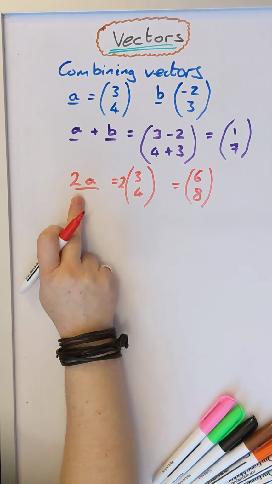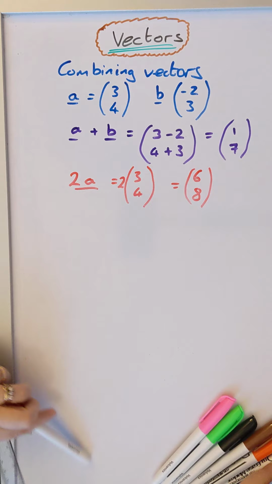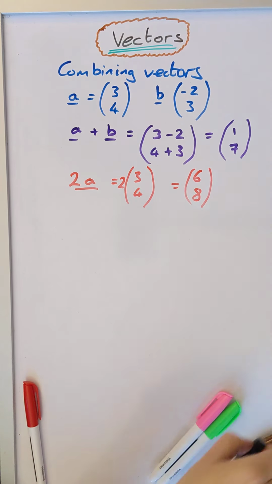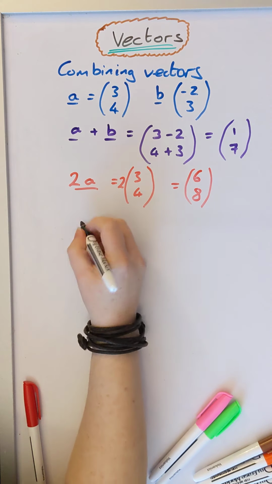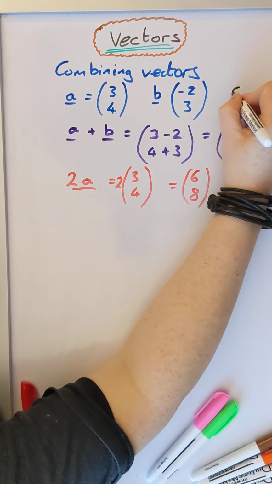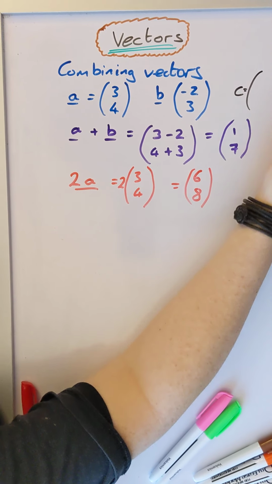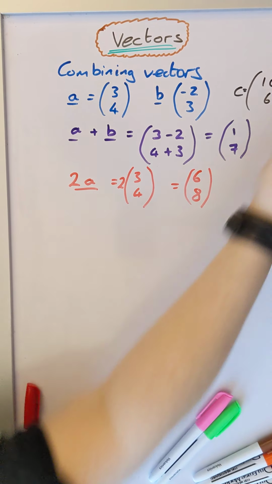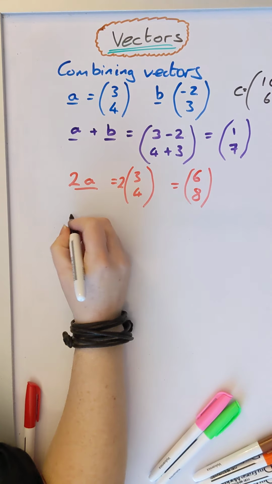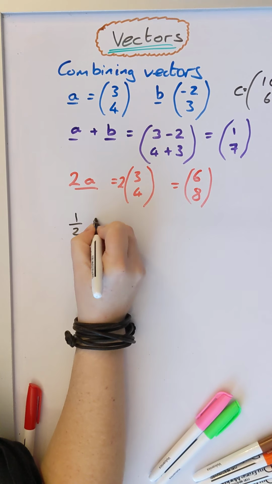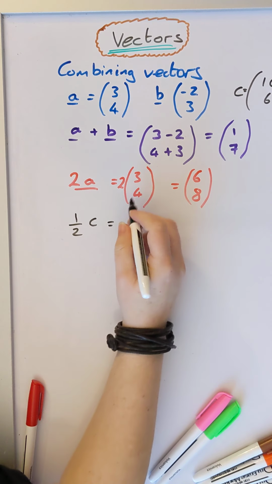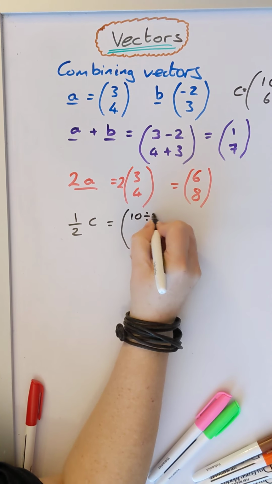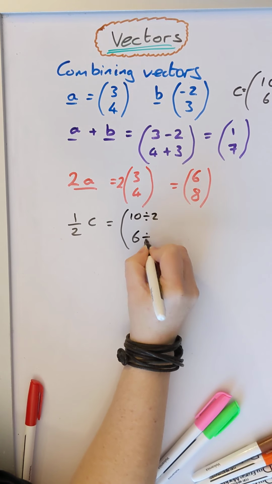So if I had, for example, a new vector I will call C, and C is the vector (10, 6), and I wanted a half of C, I would do 10 divided by 2 and 6 divided by 2.